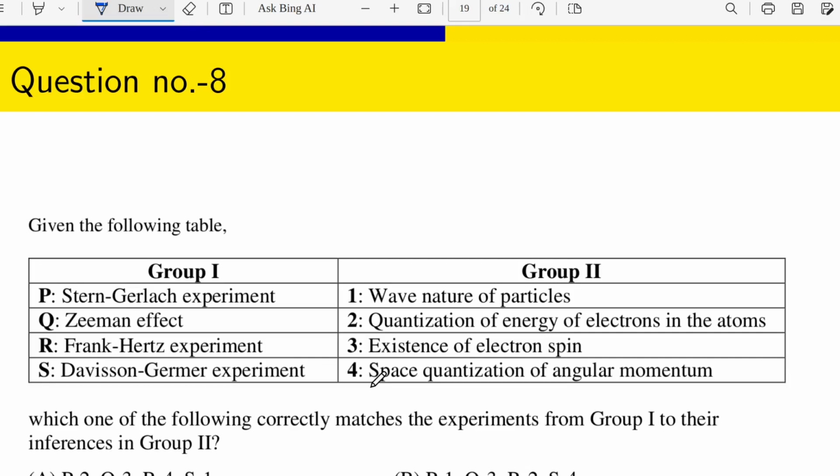They are asking which one of the following correctly matches the experiments from group 1 to their inferences in group 2, and there are 4 options for that, A, B, C, D. Now coming to each experiment a little bit.